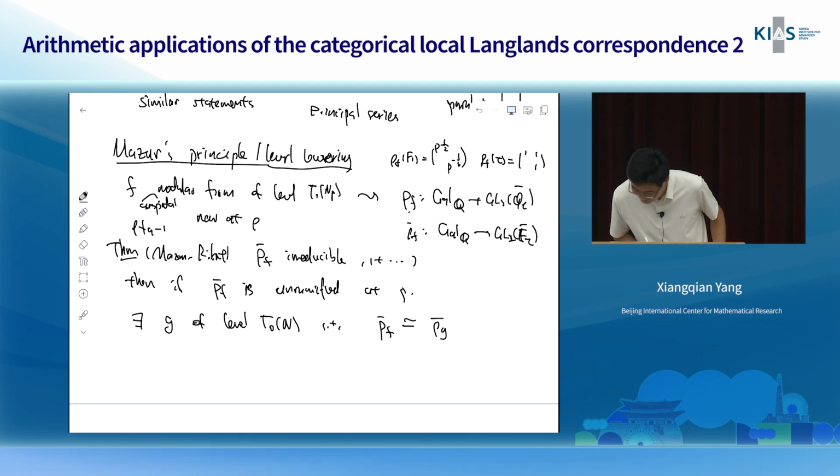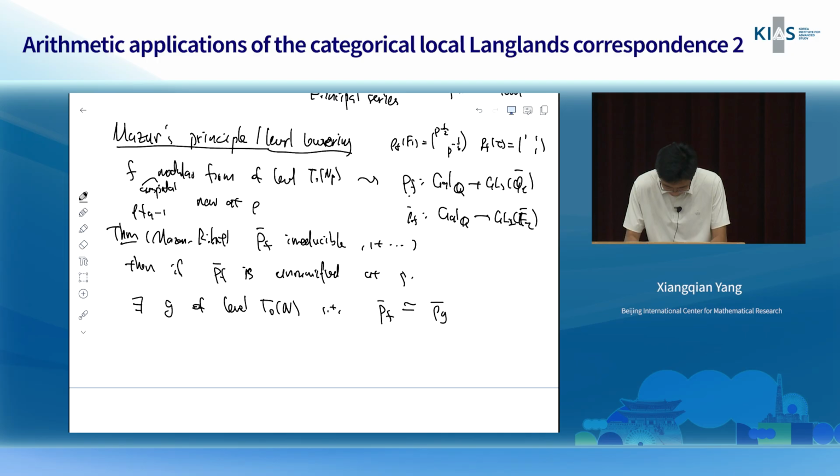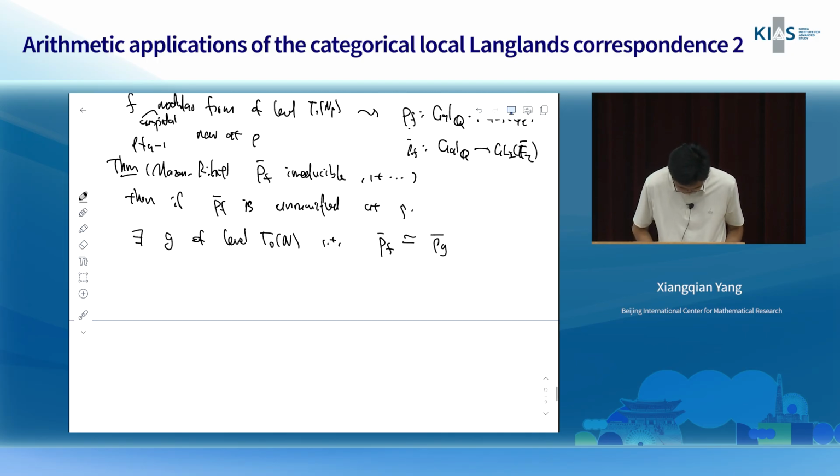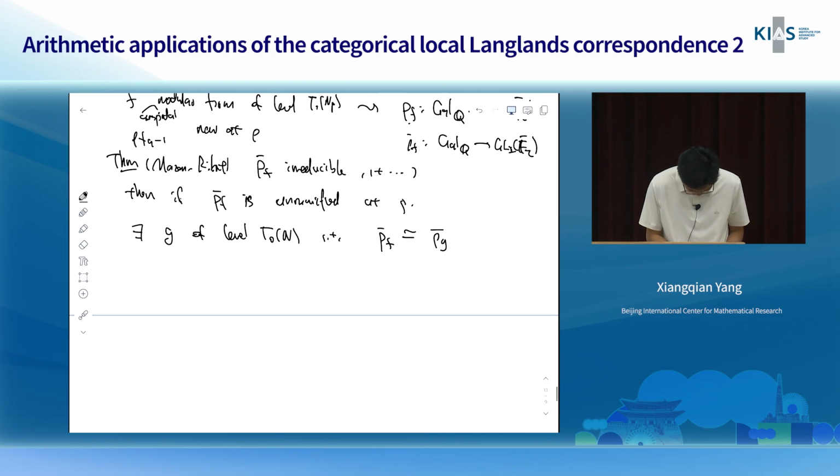So I would like to explain how to prove this under Mazur's condition, proving it using the categorical local Langlands under the assumption that l is not congruent to p minus 1.